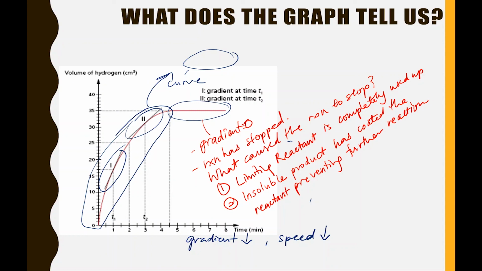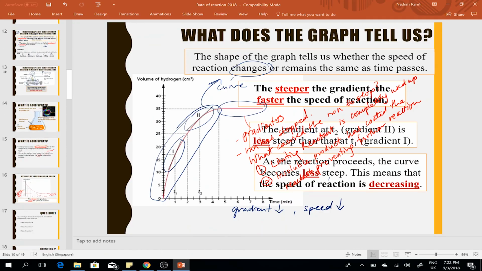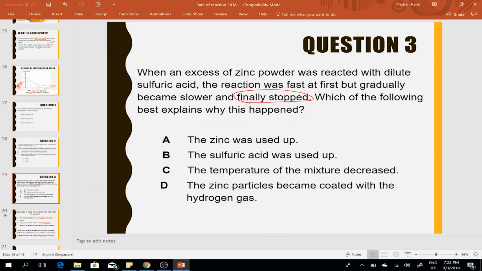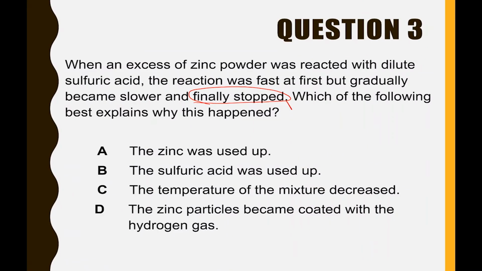So now let's look at our question again. Question 3. Either my limiting reactant has been used up or an insoluble product was formed. So now let's look at zinc and sulfuric acid, Zn plus H2SO4.